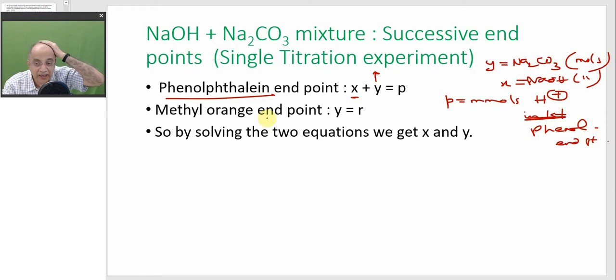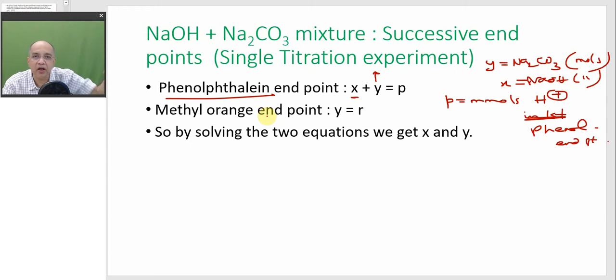And then you add 1 drop of methyl orange on the same analyte, after sodium hydroxide is all gone and sodium carbonate is half neutralized, and you have only sodium bicarbonate. So 1 drop of methyl orange and then start adding. It will be yellow because it is still basic.